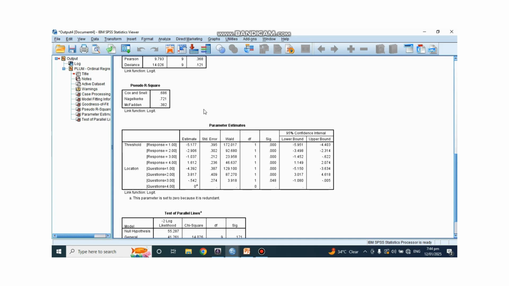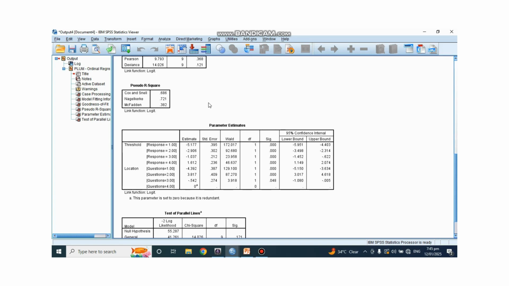From our result, we have 0.721. So this indicates that 72.1% of the variation in maize market price is explained by the model. This value is closer to 1, making it a better measure of the model's explanatory power.